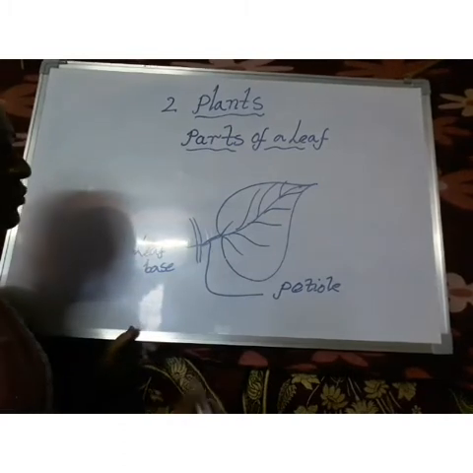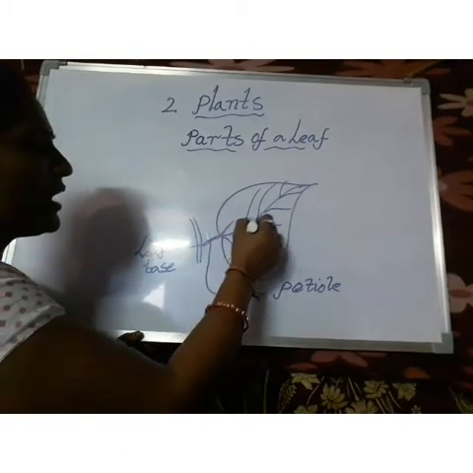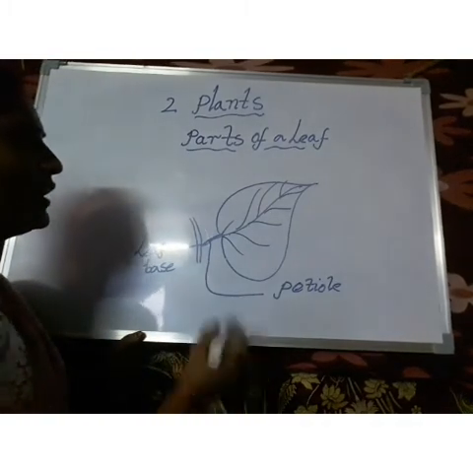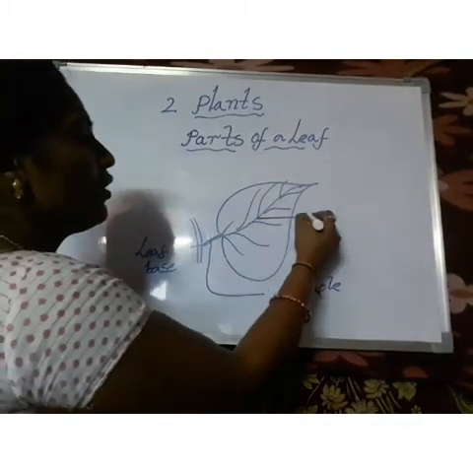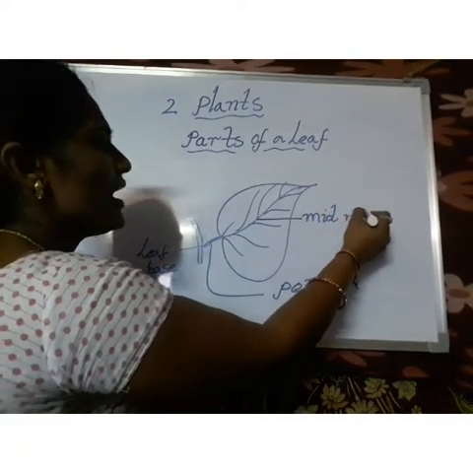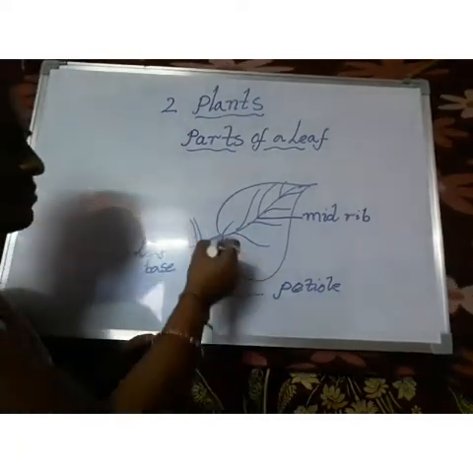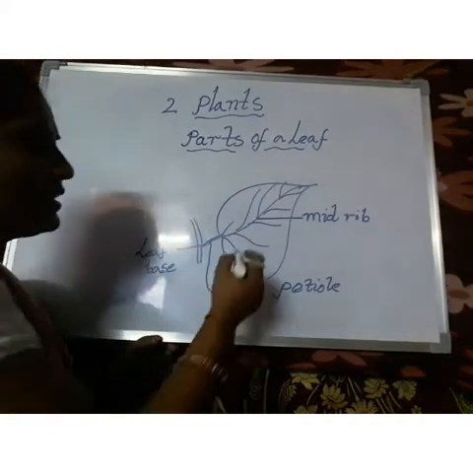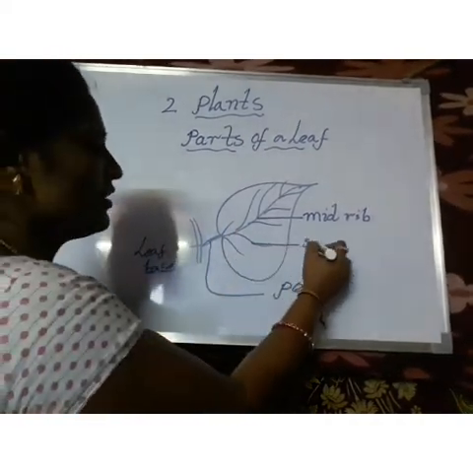If you observe, one big line goes through the middle, and this line we call the midrib. Some small lines also come from the midrib. These are called side veins.